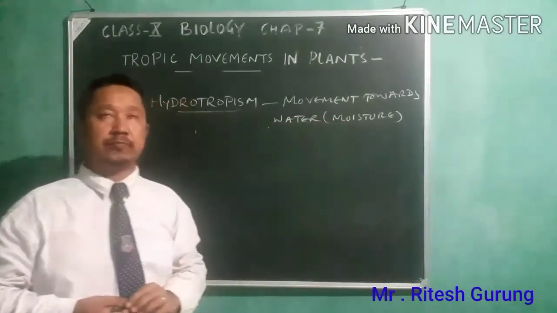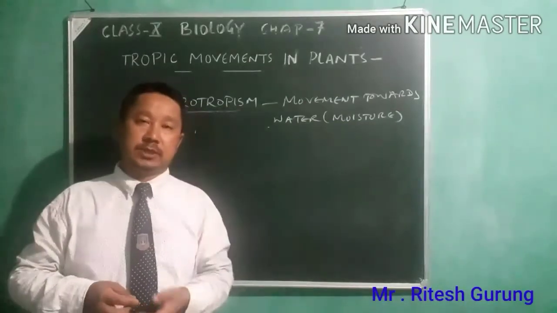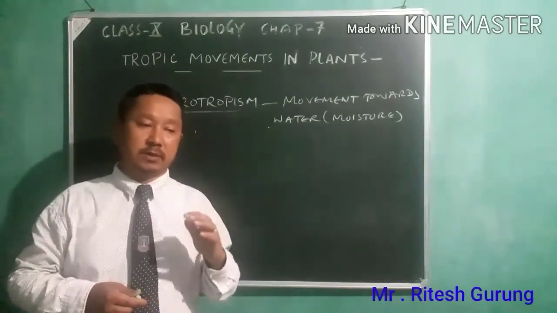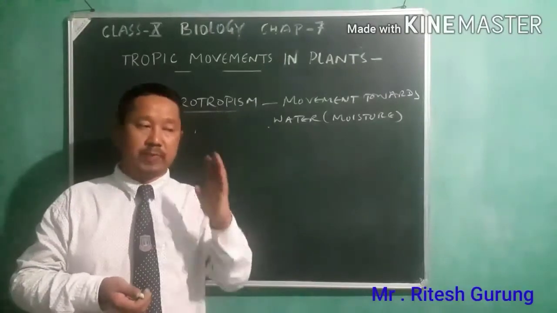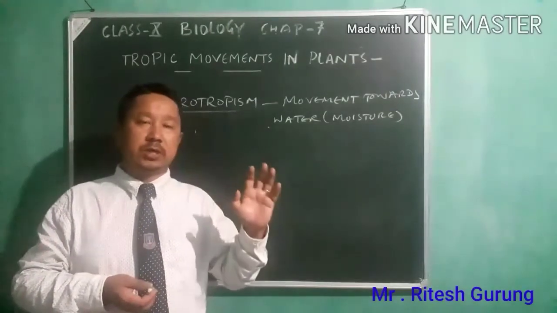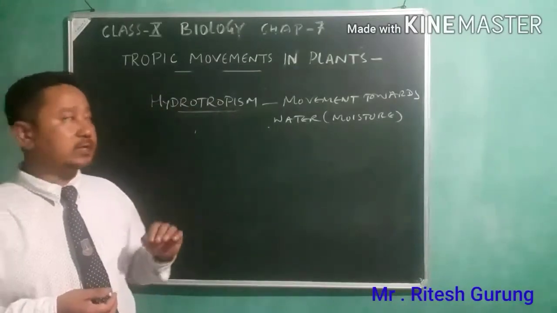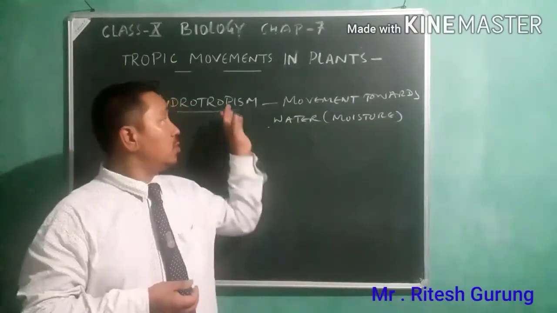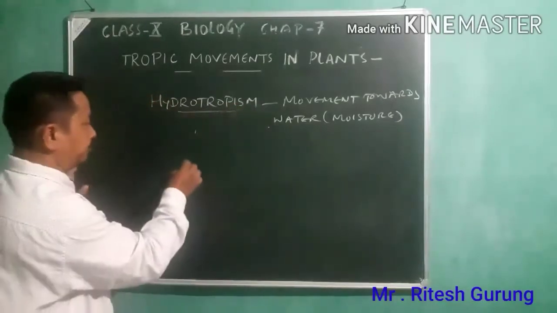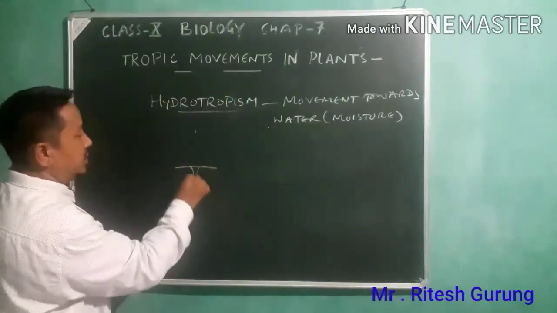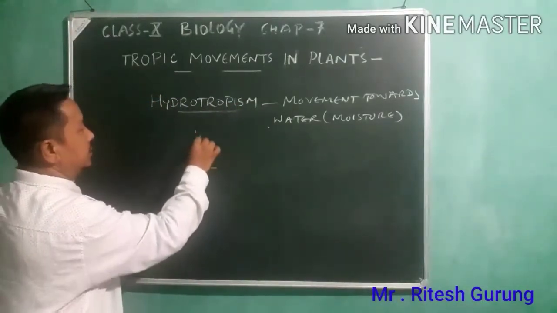Now in hydrotropism, we find movement towards water or moisture. Here also we find two regions, two parts of the plant, the root system and the shoot system. Roots always move towards the source of water. Suppose this is the root and this is the shoot.